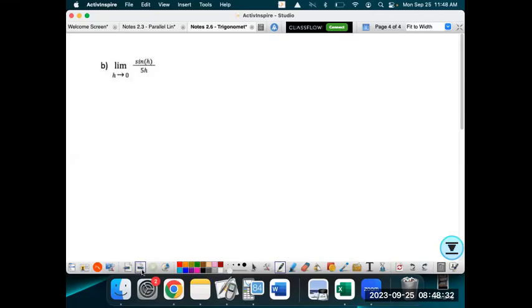So option 2 last time showed us that you would multiply by the coefficient that's on the inside of the trig function. We don't have anything other than a 1 there. So you might have noticed, how could I deal with the 5 in the denominator? It's just a multiple. It's just a scalar here. We can move that scalar in front of our limit.